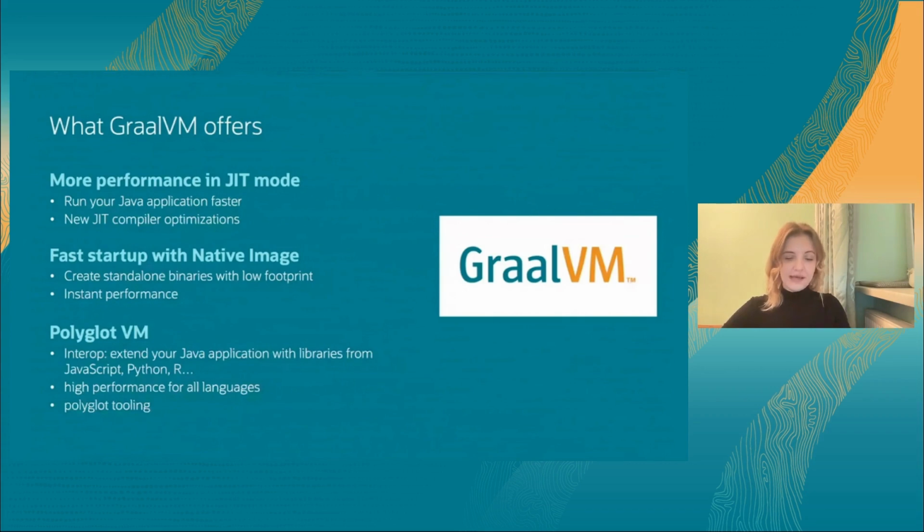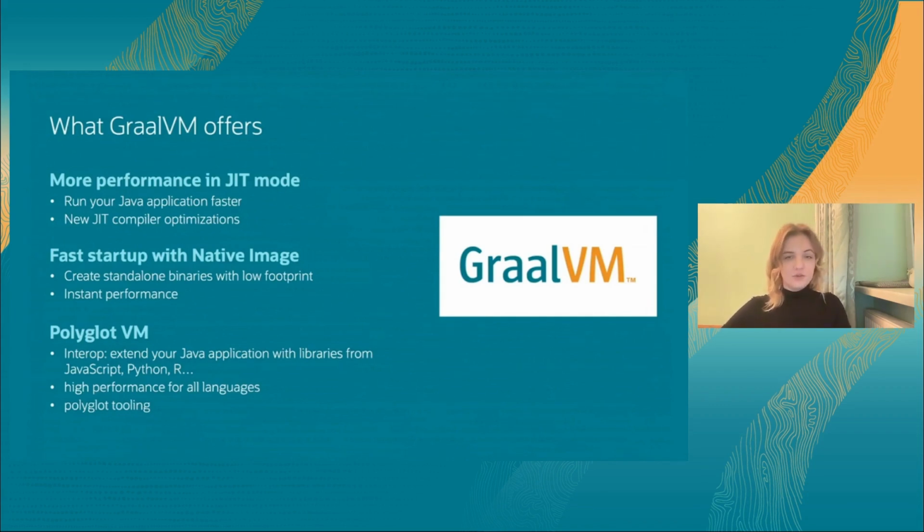So a few things. First thing is that GraalVM can give you more performance in JIT mode. It is important to remember that in addition to various kinds of unusual or innovative features, GraalVM is also a full-blown normal JDK that you can use to run your Java applications as you would on any other JDK in JIT mode.